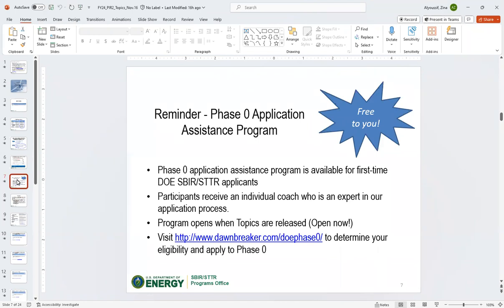Participants receive an individual coach who is an expert in our application process. Please go to our website under the applicant resources and click on the link for the DOE Phase 0 program to determine your eligibility to apply to Phase 0.